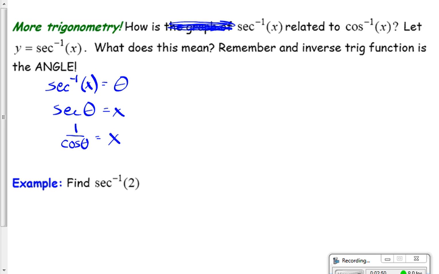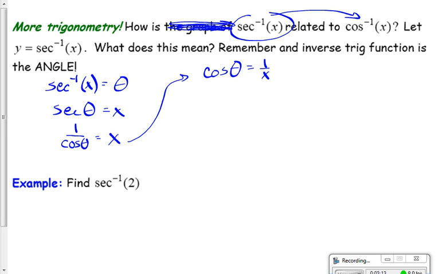Because our goal, keeping in mind, remember all these trig identities you had to prove last year? We're going to start with secant inverse, and we want to get to cosine inverse. Okay? So let's solve 1 over cos theta equals x for cos theta. What do we get? Cos theta equals 1 over x.